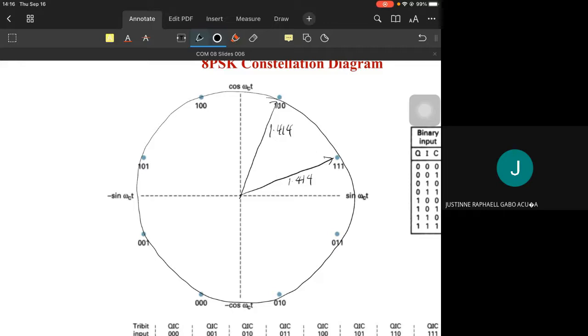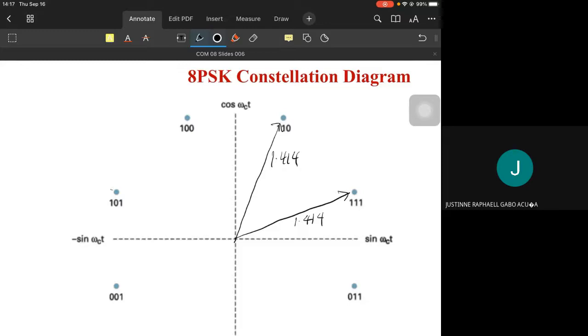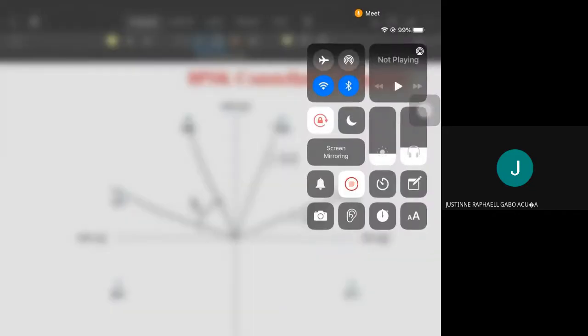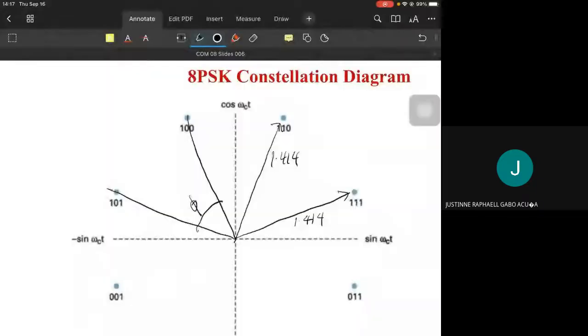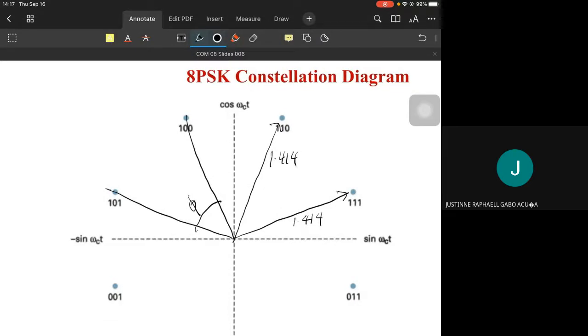So before we leave, how much again is the gap from one symbol to another? 45. Yes, that's 45. 360 divided by 8.